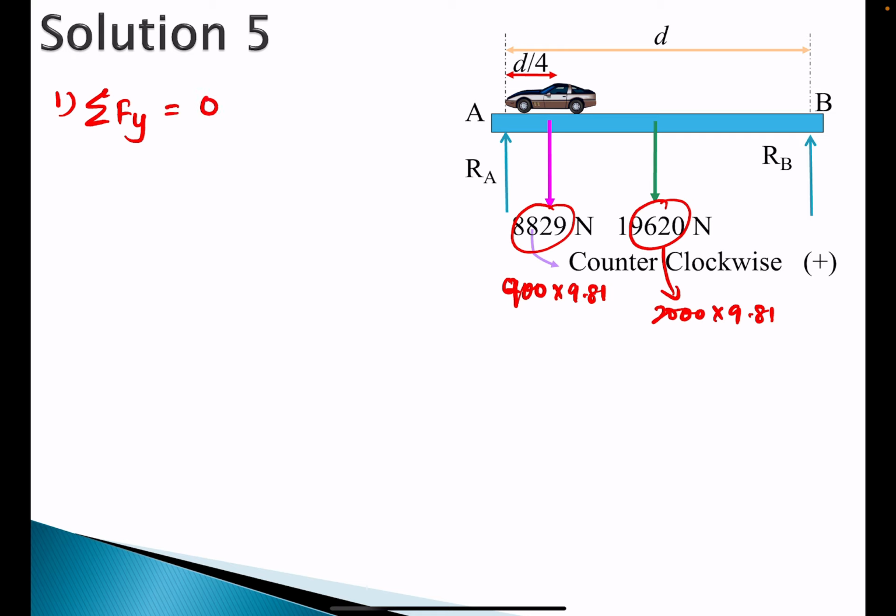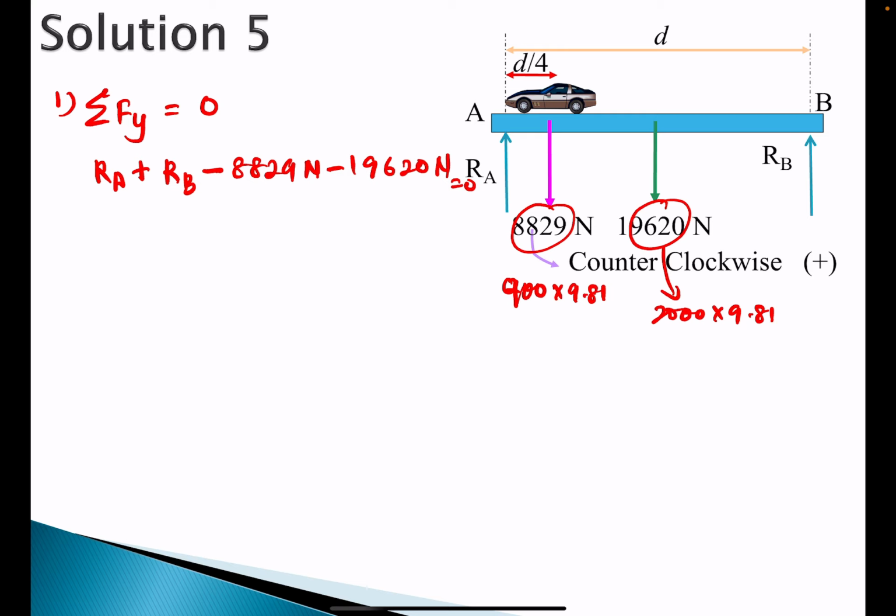And we look at the forces acting. Ra is positive, upward positive, plus Rb is also positive, and then you minus the 8829 Newton, and you minus 19620 Newton, equals 0.